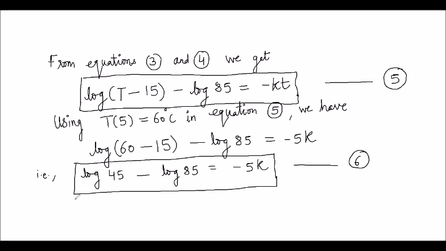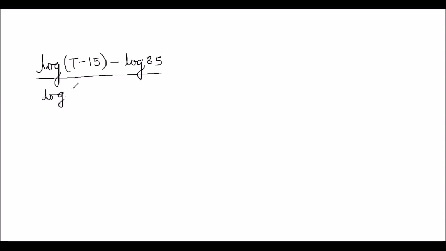So from equations 5 and 6, we get log of T minus 15 minus log 85 over log 45 minus log 85 equal to minus Kt over minus K5.